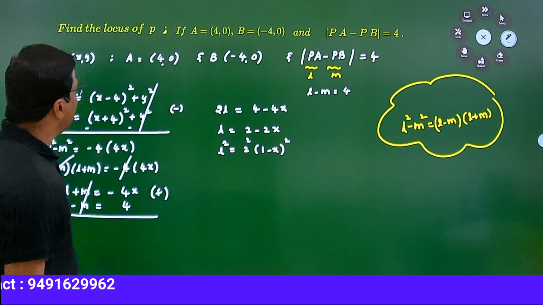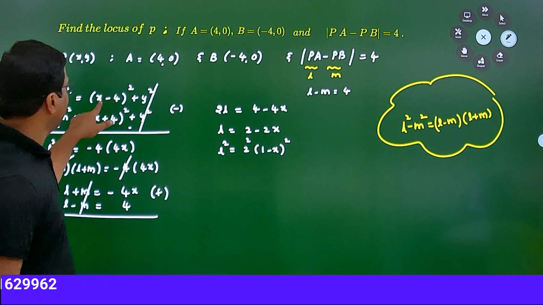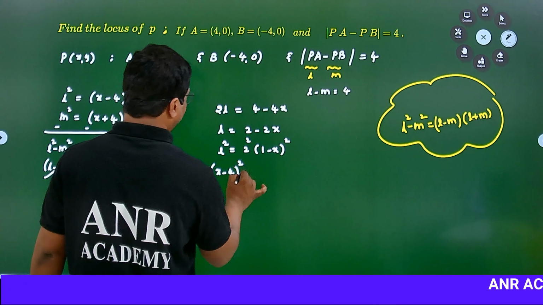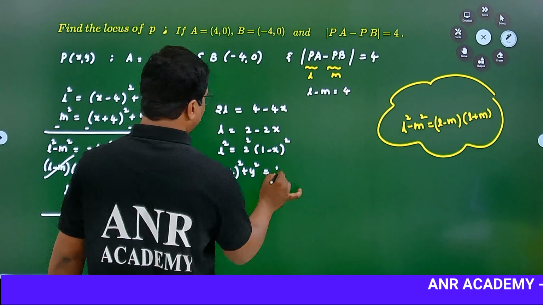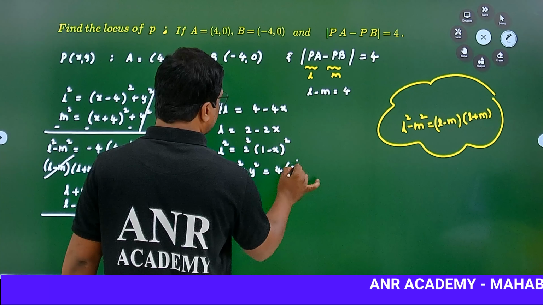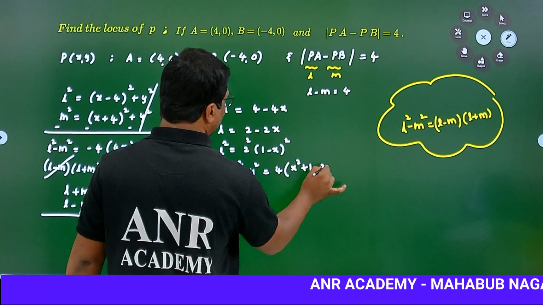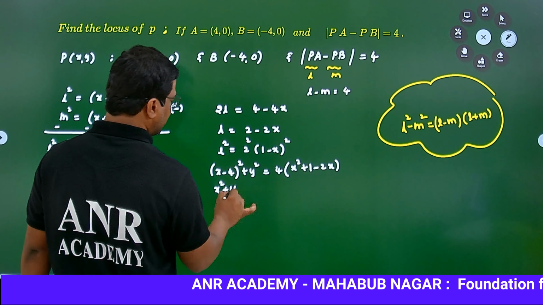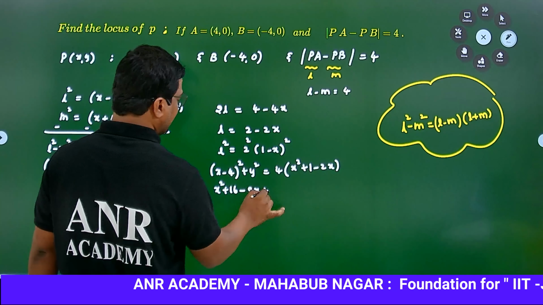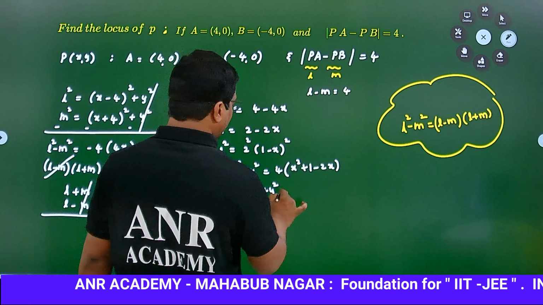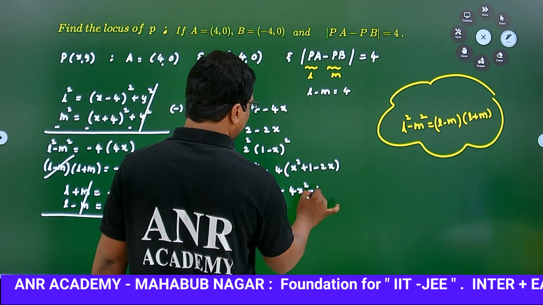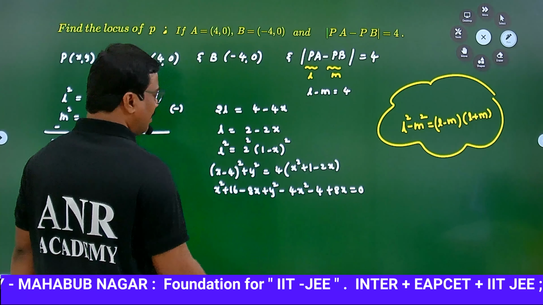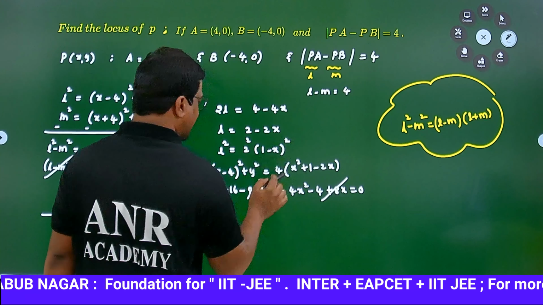Right? What is L square? L square, here you have x minus 4 whole square plus y square equal to 4 times, this is x square plus 1 minus 2x. On expansion, it becomes x square plus 16 minus 8x plus y square minus 4x square minus 4 plus 8x, that should be 0 here, plus 8x minus 8x gets cancelled.